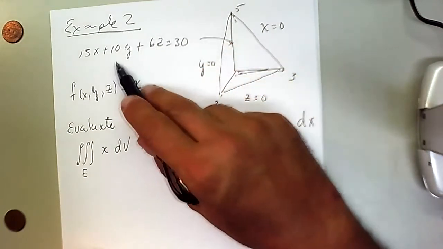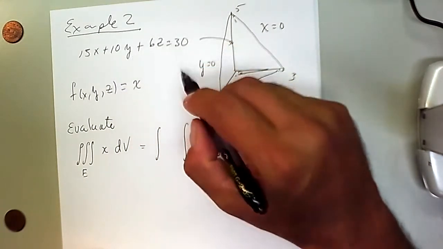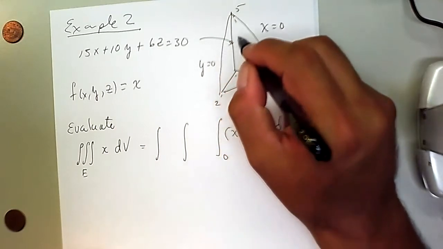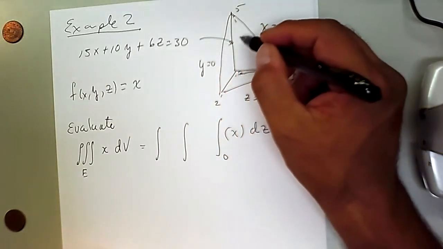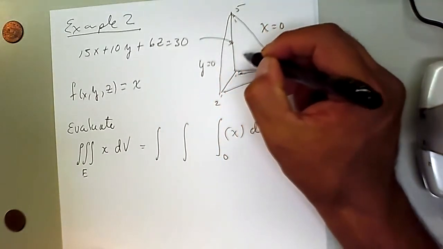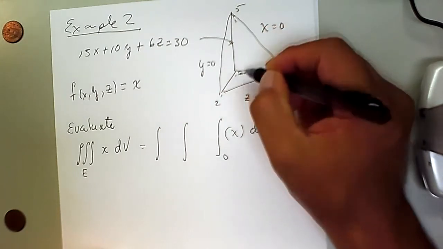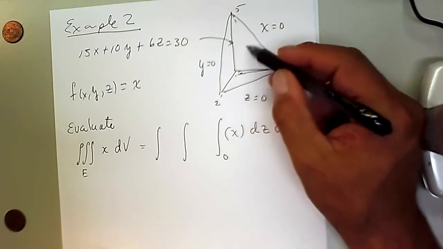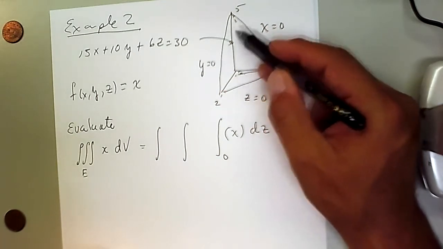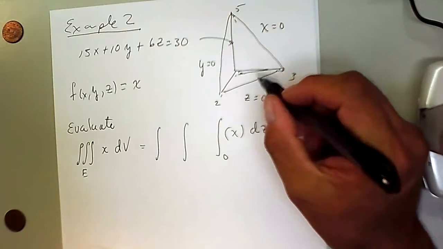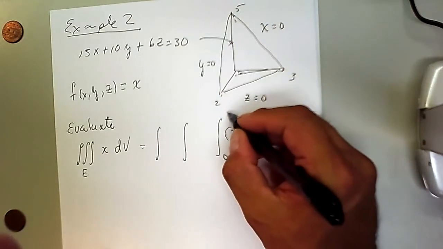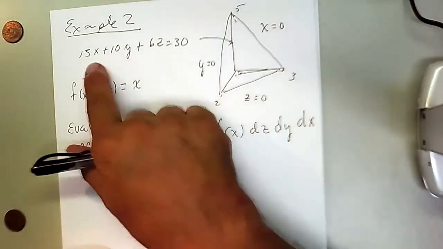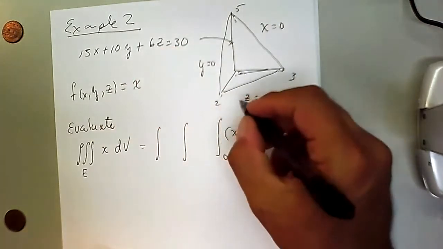So we have to solve this plane for z, and that's going to give us the upmost z inside this tetrahedron. So this is the lowest z value we will obtain, and the upmost is given by this plane. So for the upmost z value, we have to solve this equation for z.